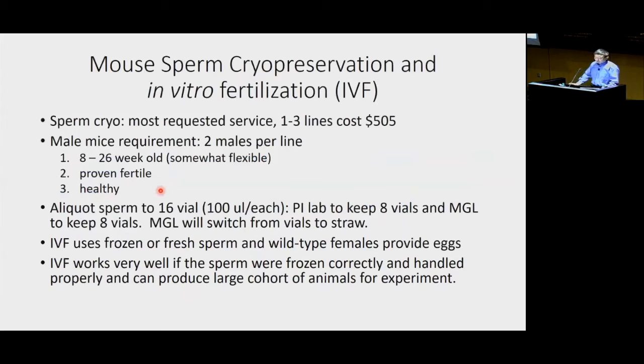For my part, I will get 2 males. I will get the sperm out, mix them with a so-called cryoprotectant media, and then I aliquot into 16 vials. In reality, it's 17 vials. I always take 1 vial after the cryo procedure. I recover it, just culture it, and look at it under the microscope to see if they swim.